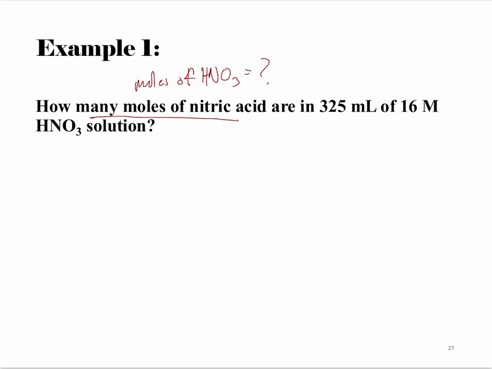And what two things are we given in this problem? We're given the volume, and the molarity, the concentration. The volume and the concentration of the solution. And so how are you going to use these values to solve for the moles of solute?